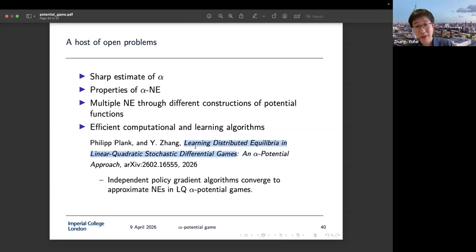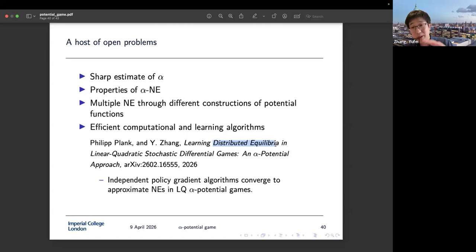In our paper, we analyze this property in the linear quadratic case. In this case, we only focus on the distributed equilibrium, in the sense that each player only performs feedback on their own state. In this case, the complexity of policy parameterization scales linearly, because each player only feeds back on their own state.